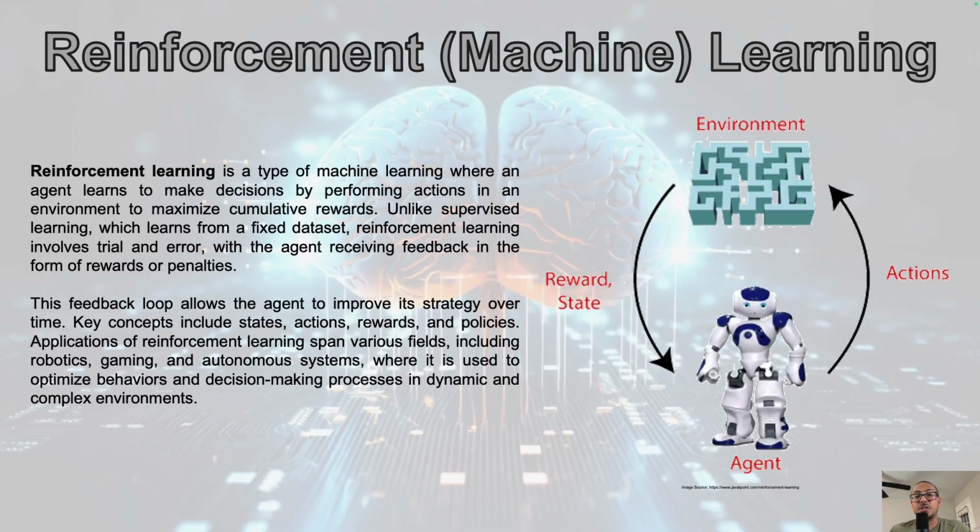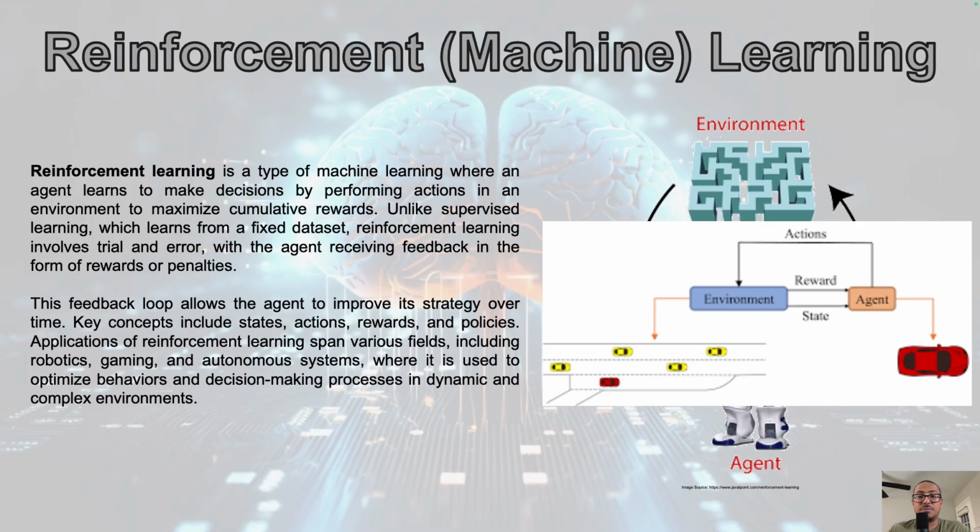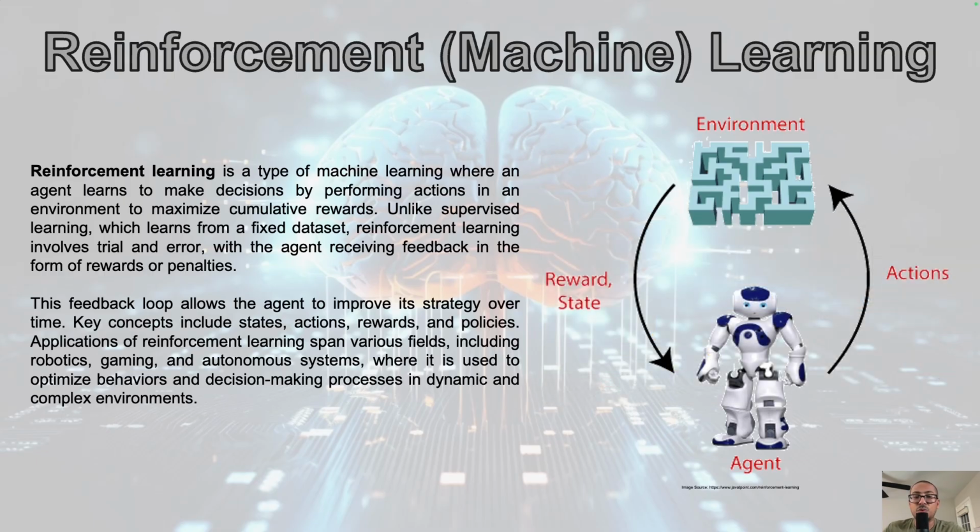Additionally, reinforcement learning plays a huge role in autonomous vehicles, helping them make real-time driving decisions in unpredictable environments. It's a powerful tool that adapts and improves over time, making it ideal for dynamic and complex tasks where the right answer isn't always known from the start.